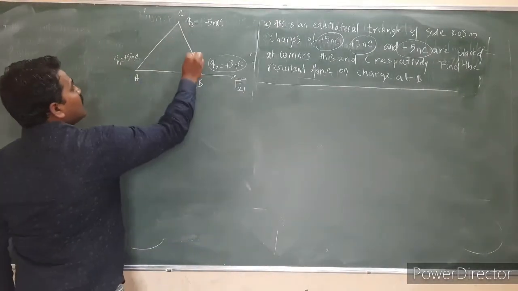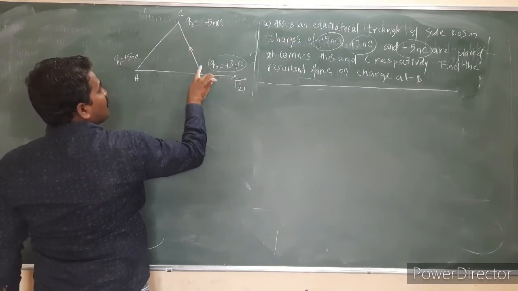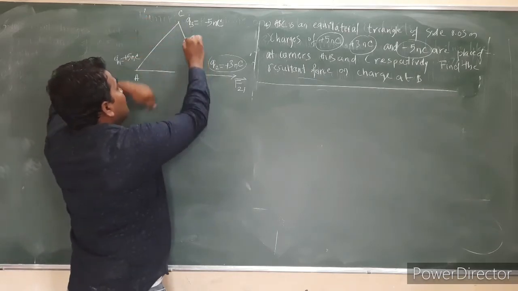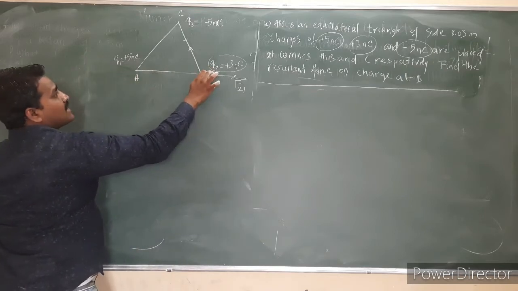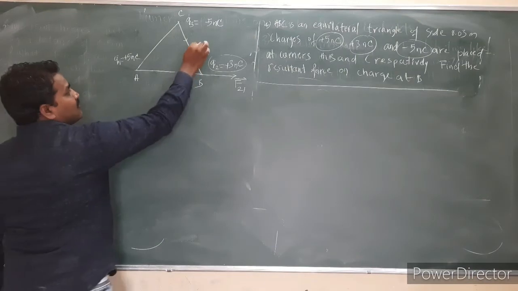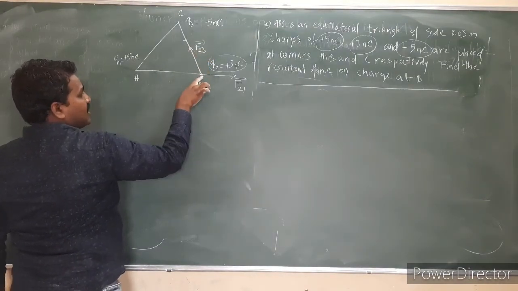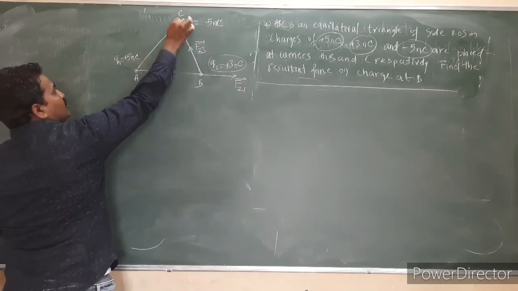Q2 will definitely move along BC, trying to move towards Q3 because of the attractive force. This force I read as F23, the force exerted on charge Q2 because of charge Q3.